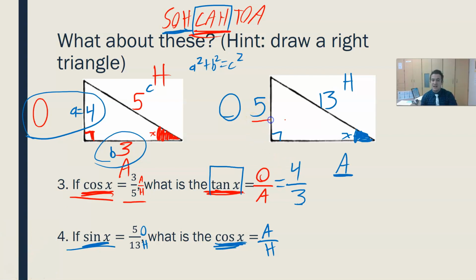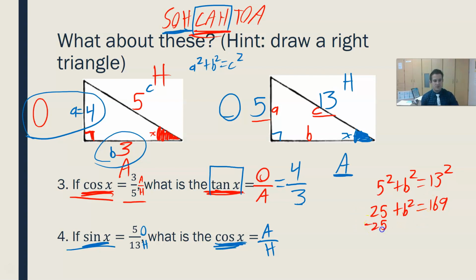But because I know the other two sides of this right triangle, call them A, B, and C, I can use the Pythagorean theorem to find that missing side. So this would be 5 squared plus b squared equals 13 squared, which comes out to 25 plus b squared equals 169.